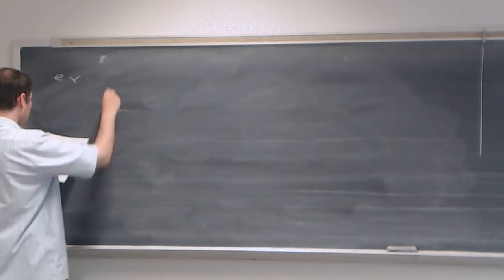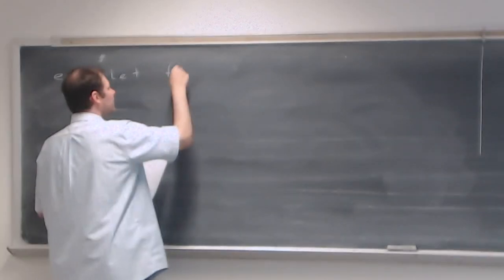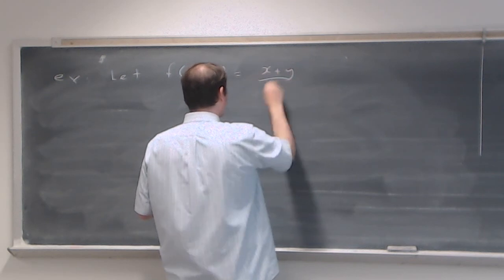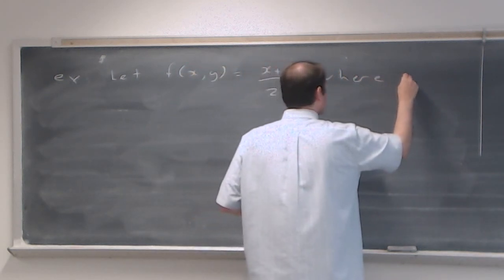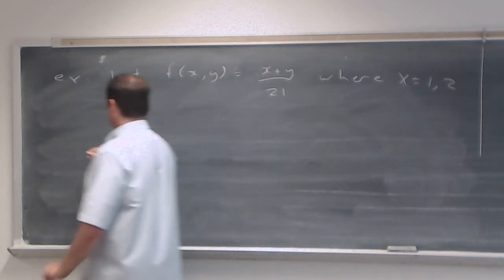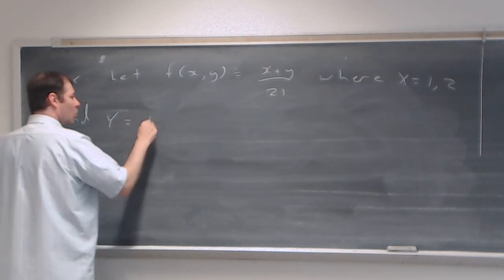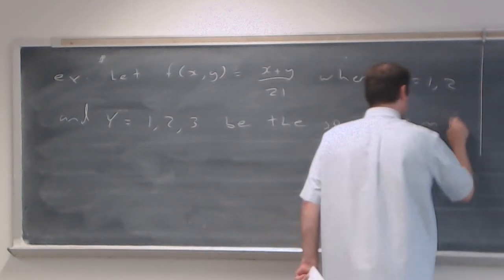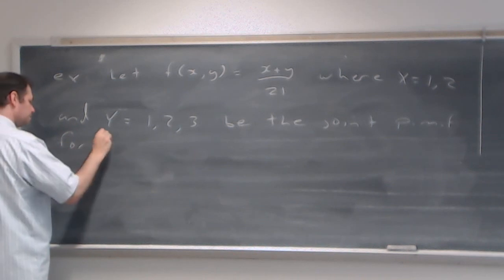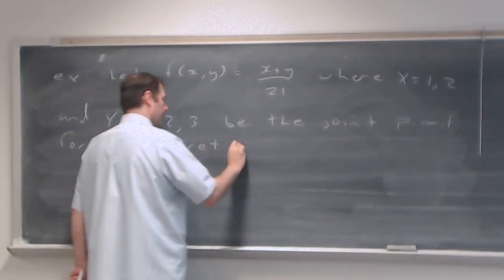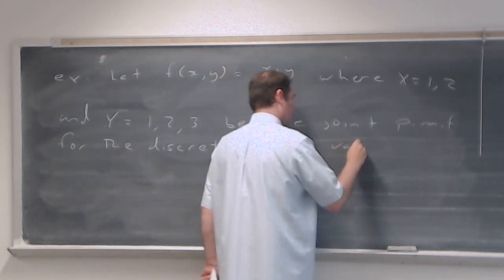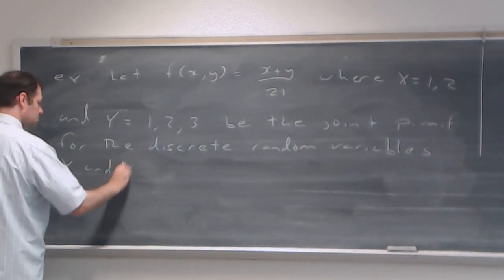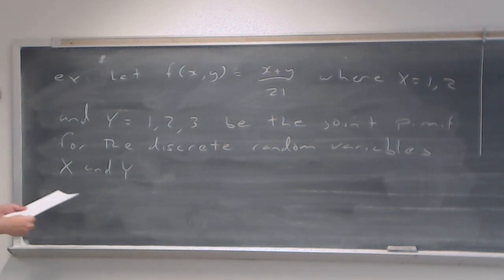Here, we'll let f of x comma y be equal to x plus y over 21, where x is equal to 1, 2, and y equals 1, 2, and 3, be the joint PMF for the discrete random variables X and Y. Okay, and here the question will be in two parts.